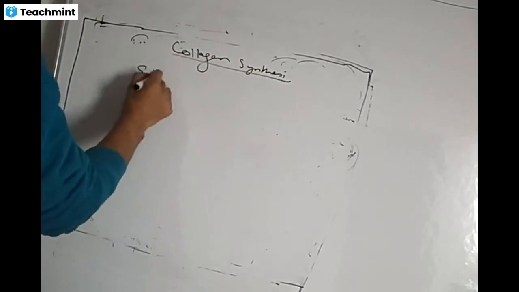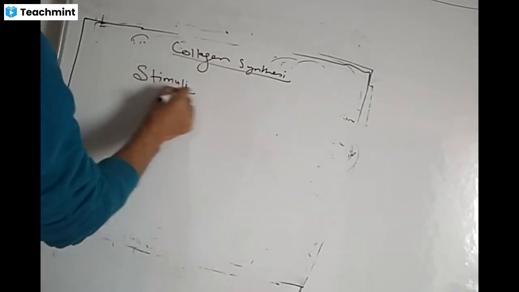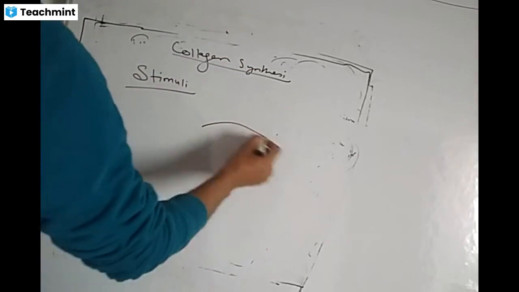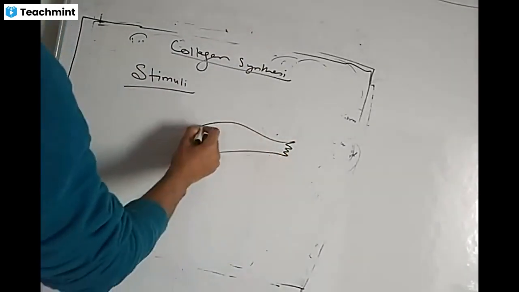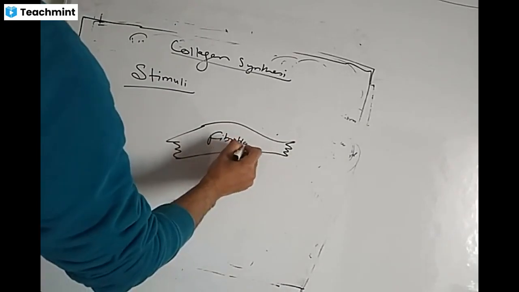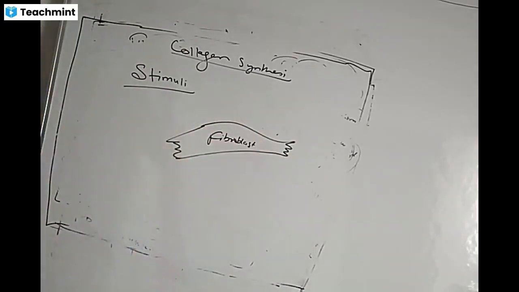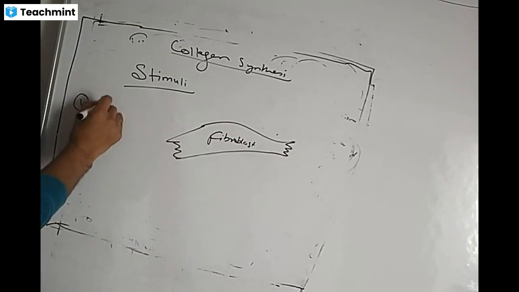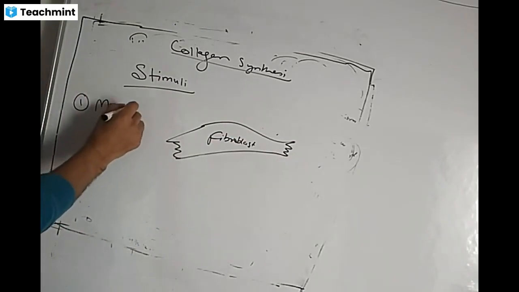So first we'll see what are the stimuli. This cell is your fibroblast. First is the macrophage.